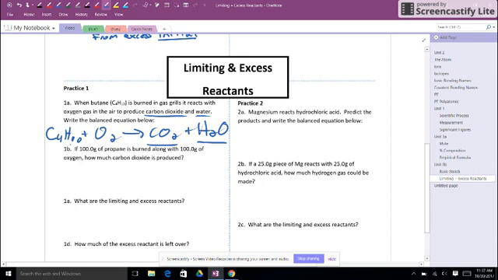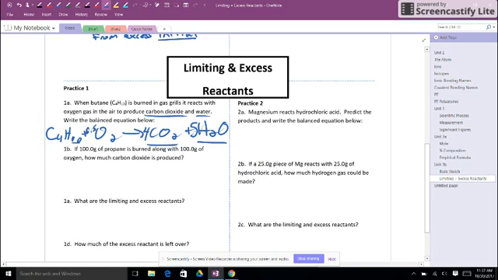Now, to balance this equation, I would say I have 4 carbons on the reactant side, so let's get a 4 on the product side. I have 10 hydrogens on the reactant side, so 5 times 2 is 10 on the product side. Now, oxygens on the product side, I have 4 times 2, which is 8, plus 5, which is 13, and 6.5 times 2 is 13.